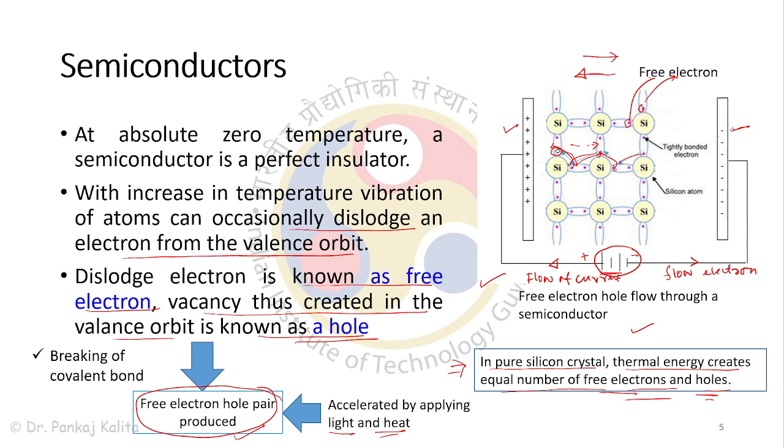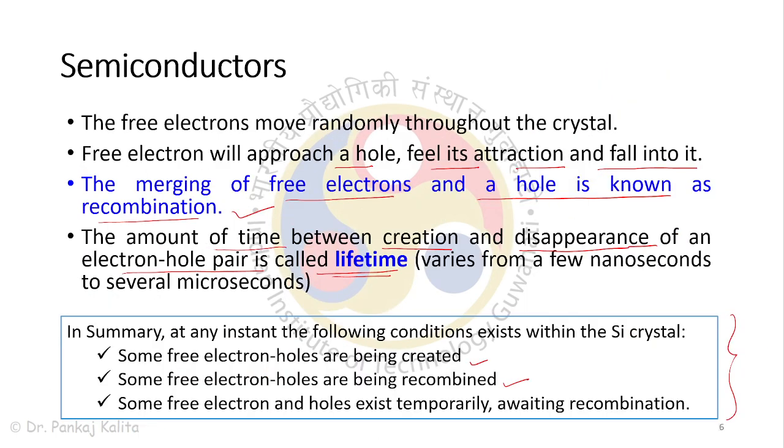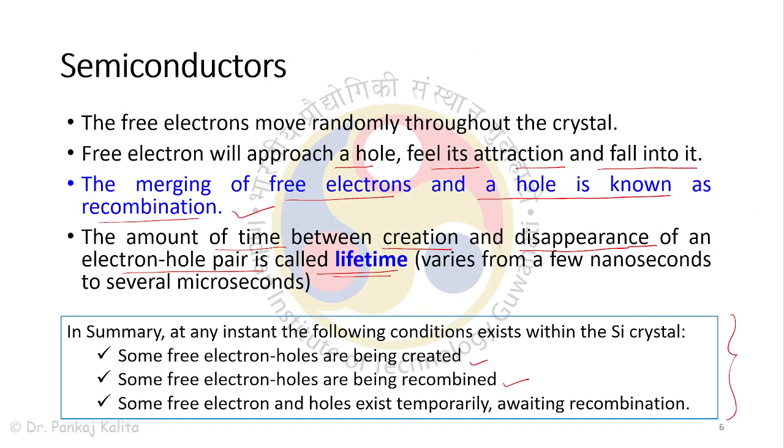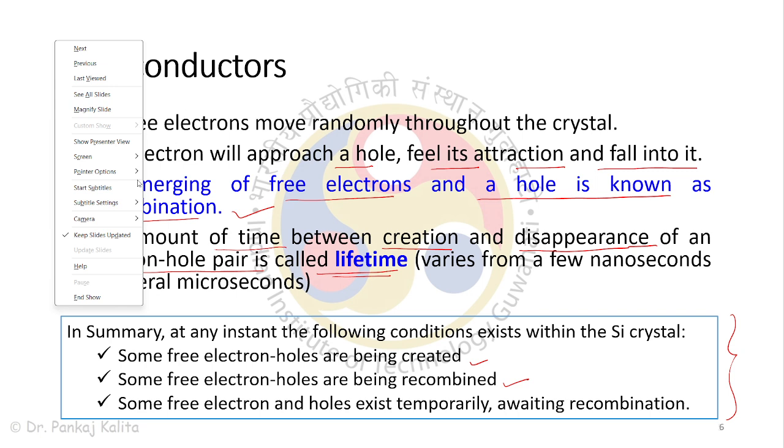We have already discussed how an electron hole pair is generated. This theory part you can go through by yourself: how electron hole pairs are generated and how recombination occurs. You just need to remember this point to develop the understanding.